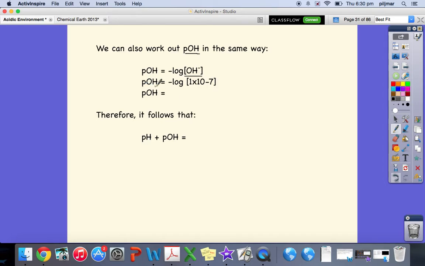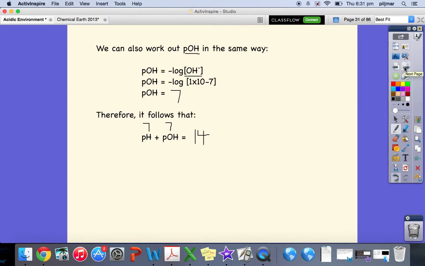So our pOH for water, in the same example as before, is negative log of 1 times 10 to the power of negative 7. pOH in water is 7. Therefore, if we add the pH of water, 7, and the pOH of water, 7, that gives us 14, which is the magic number of our pH scale. It goes from 0 to 14. So that's where we get that from.